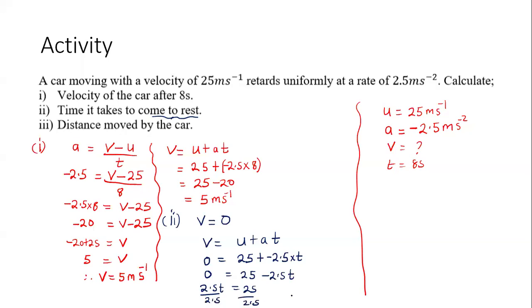Divide by 2.5 on both sides, so t equals 25 divided by 2.5. You get 10 seconds. So this person took 10 seconds to come to rest. Mark, any question?